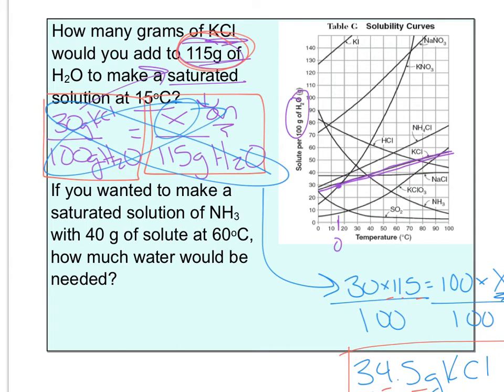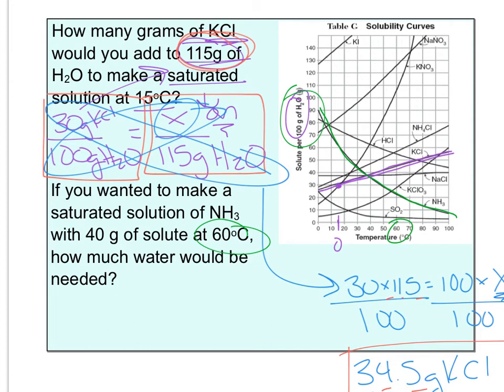So I need to figure out at 60 degrees Celsius how many grams of solute I could add in 100 grams of water. Remember, our graph is always talking about 100 grams of water. So if I'm looking at NH3 here and 60 degrees Celsius, I need to figure out when that is saturated. Remember, saturated means it's on the line.